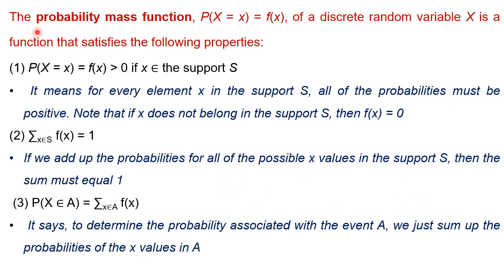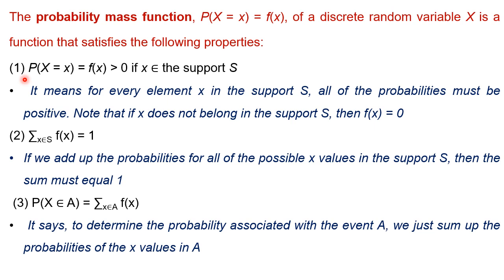Let us study the probability mass function properties. There are three properties for probability mass function, which is defined as probability of X equal to x equal to f of x for a discrete random variable.